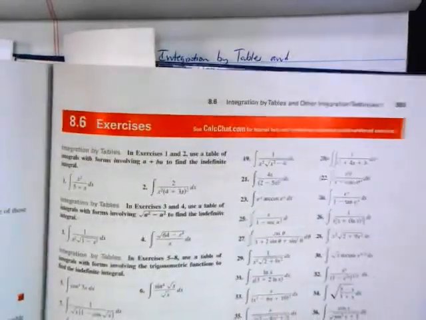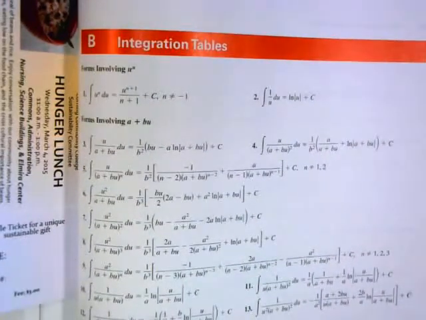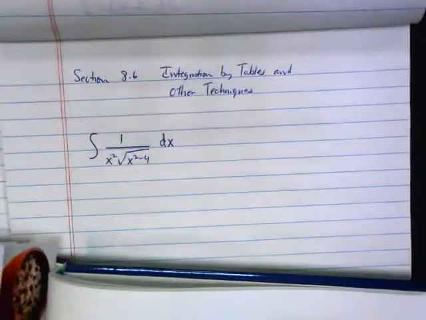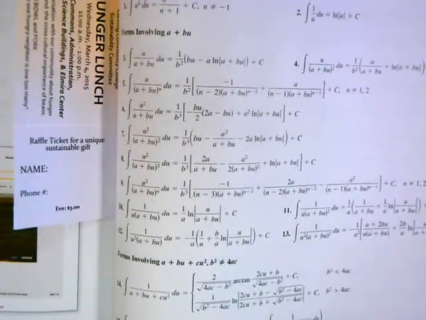What you're going to do in this section, you're going to look in the integration tables. This is what we mean when we say integration by tables. So you're going to look for one that fits that pattern. Let's see. Do you see one yet? 17?